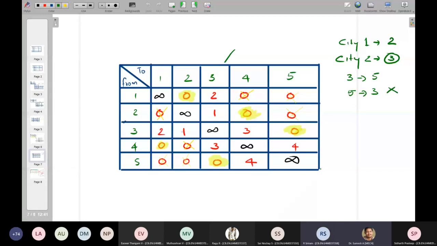Sir, excuse me. Yes, please. Sir, this is just guesswork, and I don't know whether it will work or not. Here we have the positions of zeros and ones. What if we replace all the zeros with ones and vice versa?